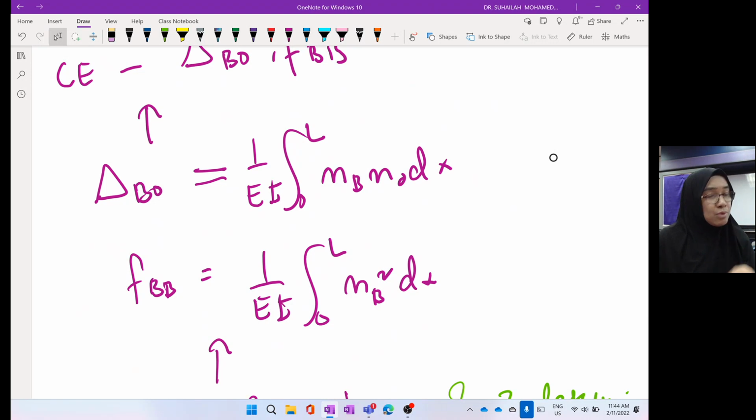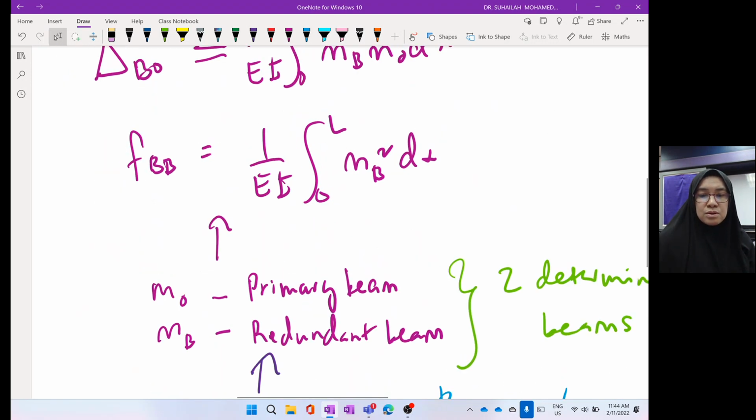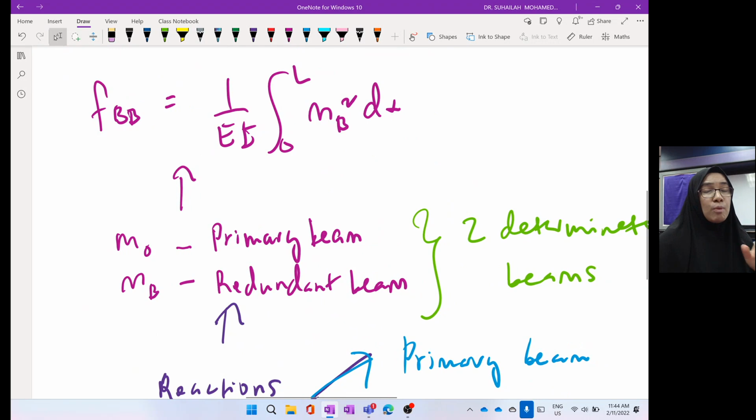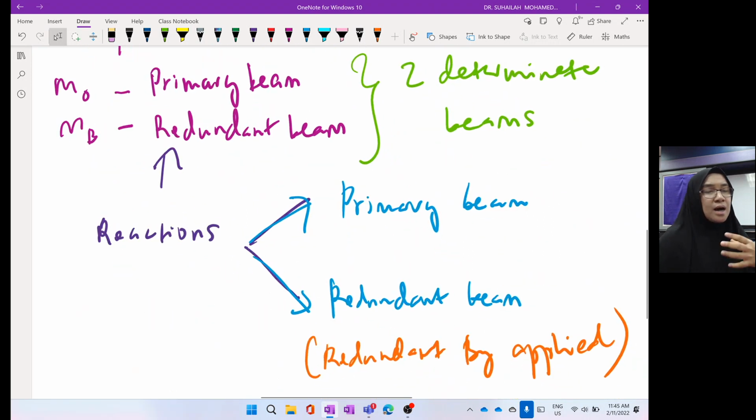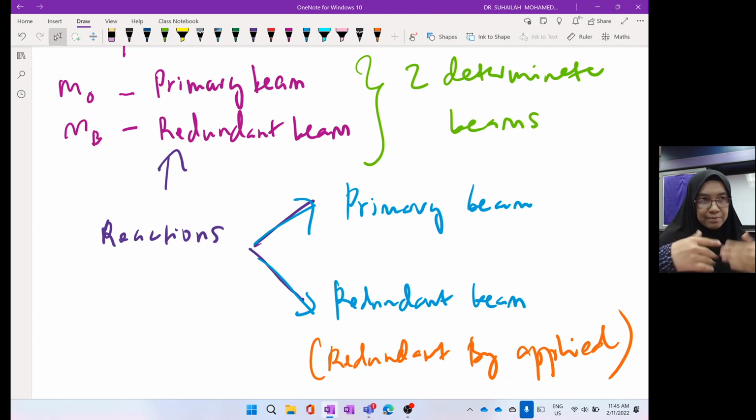MB and M naught are the moment equations from two systems, the primary system and the redundant system. And in order to get the moment equation, the step before is the reaction. Okay, we have to have the reactions first.